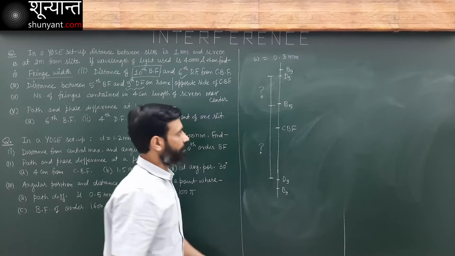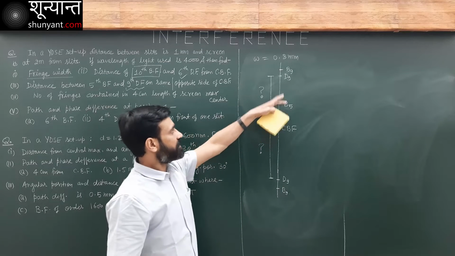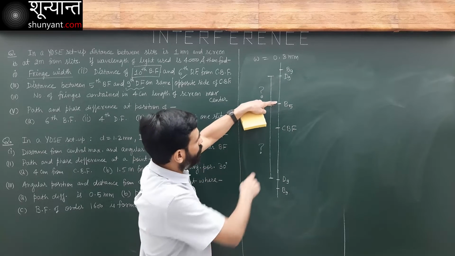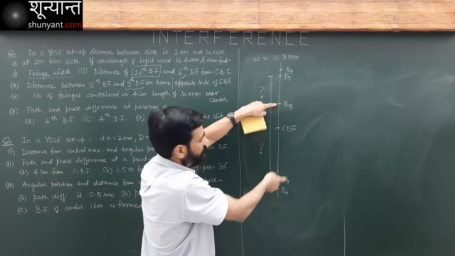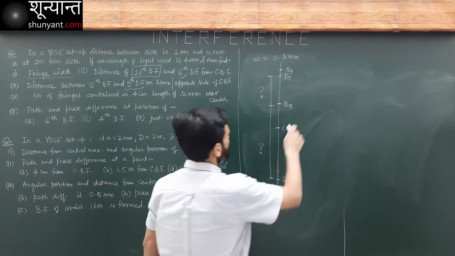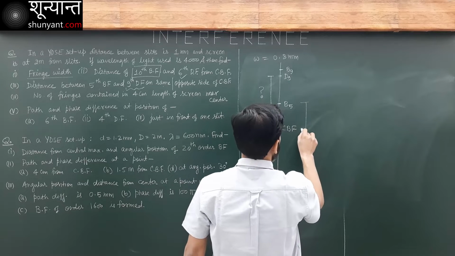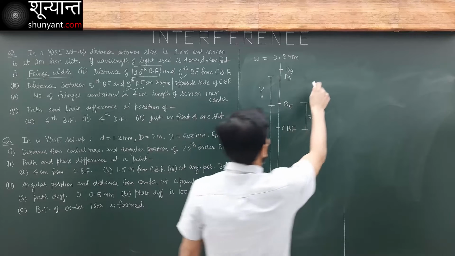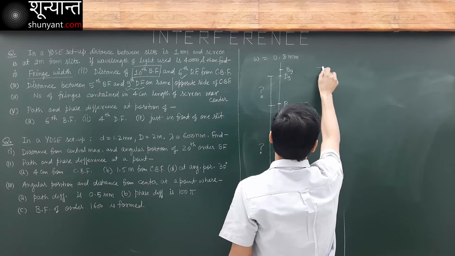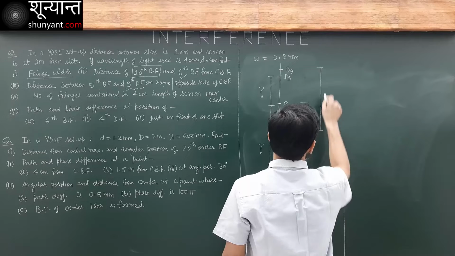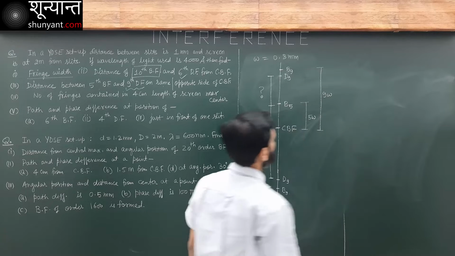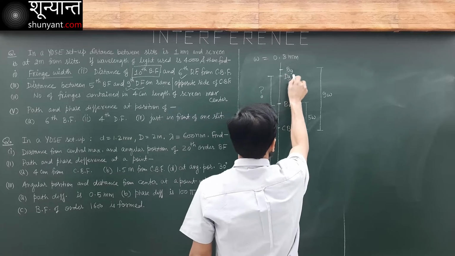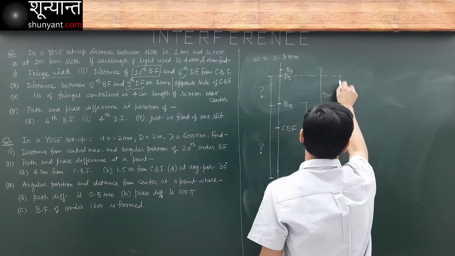This distance. In the first case, they are on the same side of the central bright fringe. In the second case, they are on opposite sides. On one side I have a bright fringe, on the other side a dark fringe. Now, what will be the distances? The distance of this here will be 5 omega, and the distance of the ninth bright fringe here will be 9 omega. What will be the distance of this ninth dark fringe?